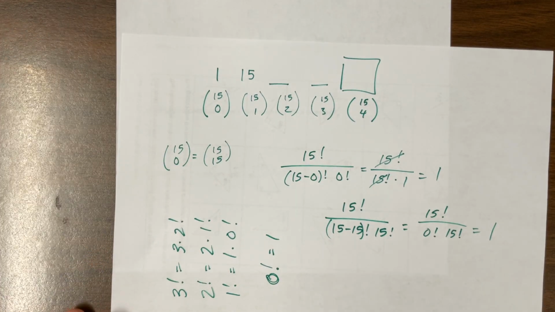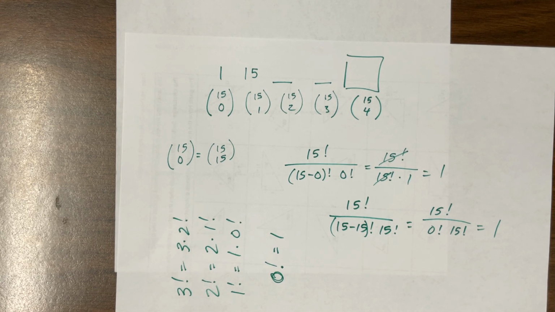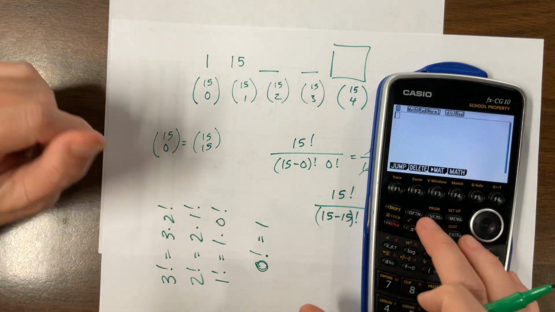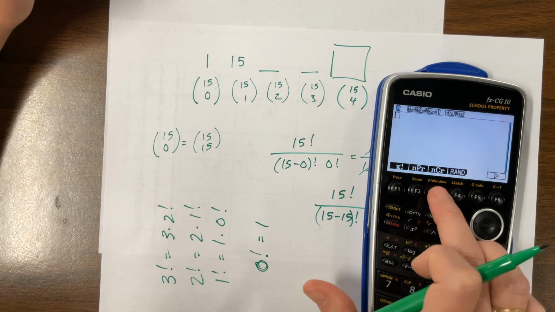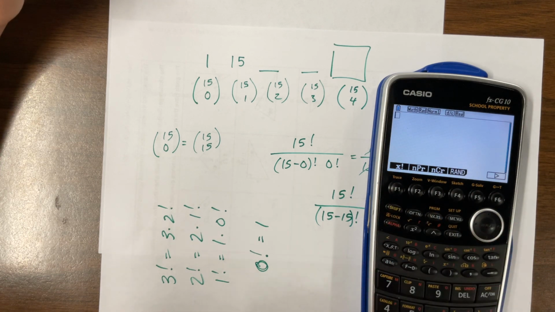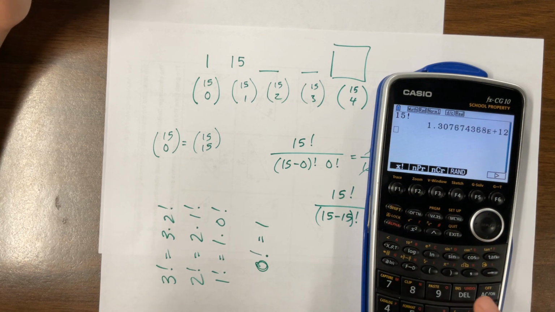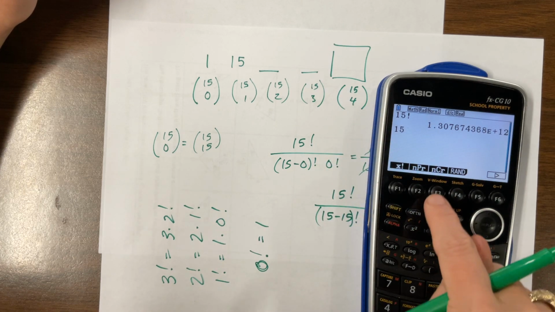The nice thing is, I have a calculator here on my desk. On my screen I can go to options and then over to probability, and here is nCr and here's factorial. If I want 15 factorial, it's going to be a really big number. But what I want to see is, what's 15 choose 1?